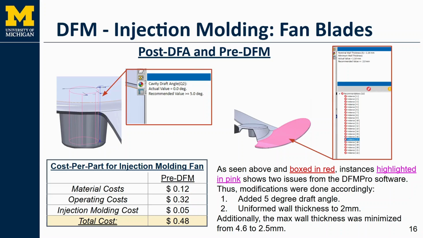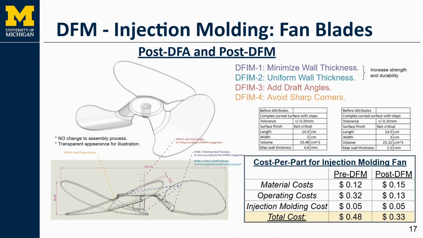With DfM Pro, the team was able to modify the design according to its suggestions. A 5-degree draft angle was added and the blade's wall thickness was made uniform at 2 mm. For the center connector part, the maximum wall thickness was reduced from 4.6 to 2.5 mm. Sharp corners were also modified during the process.